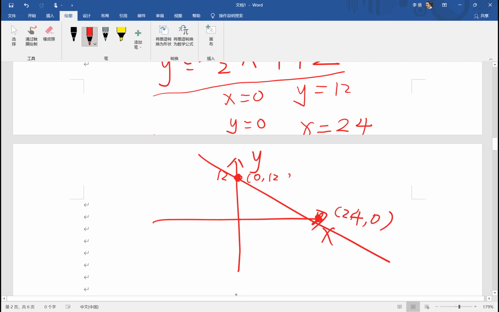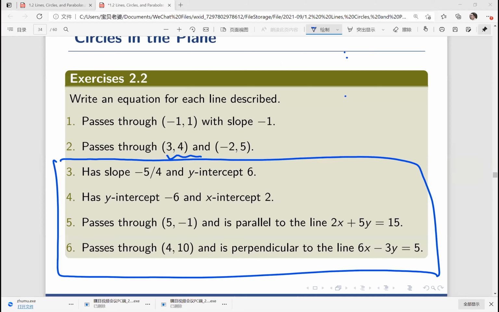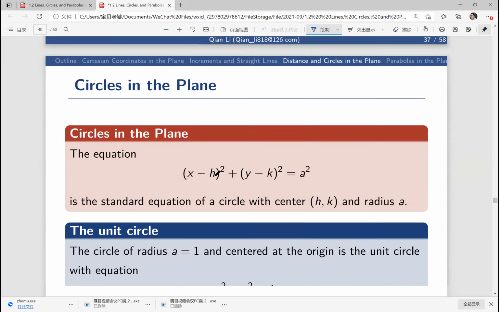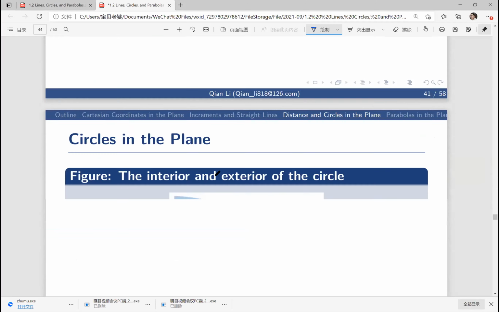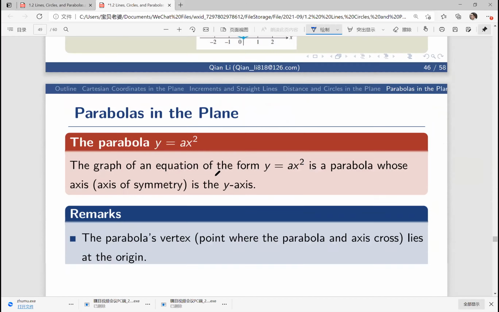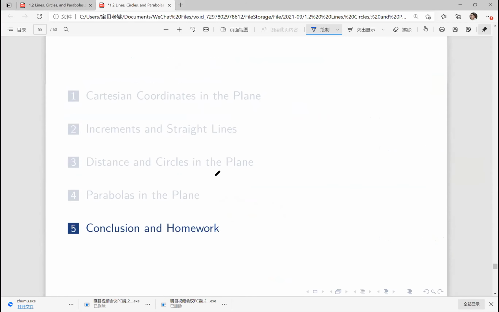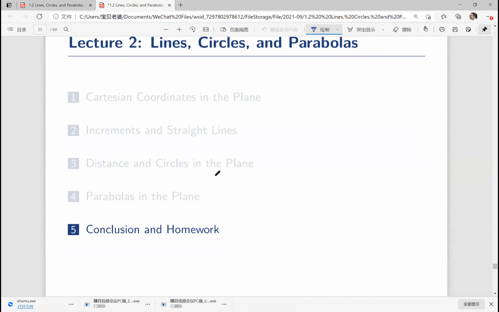Okay. This is our today's class, and let's see some exercises.